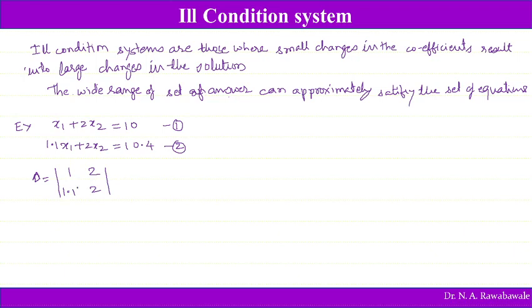So this is determinant D. If we simplify this determinant, then we get 2 into 1 minus 1.1 into 2. On simplification, this determinant we get as 2 minus 2.2, which is minus 0.2.